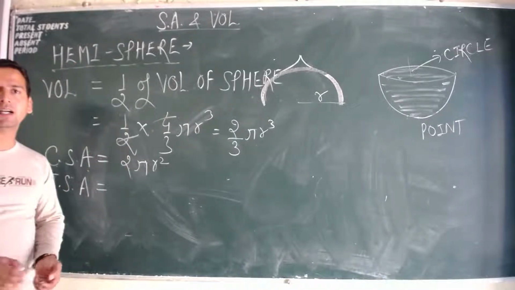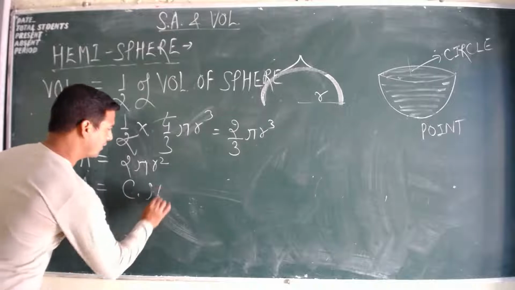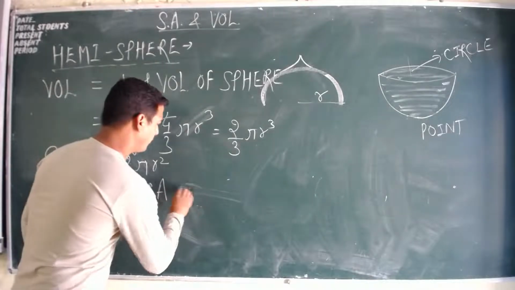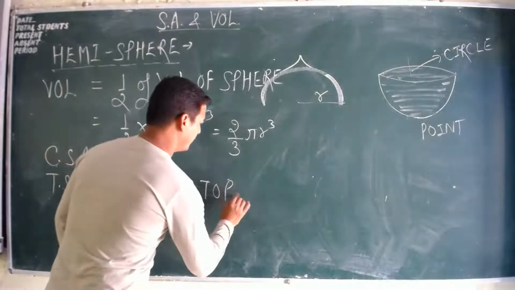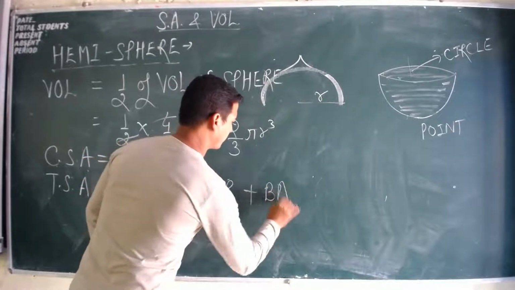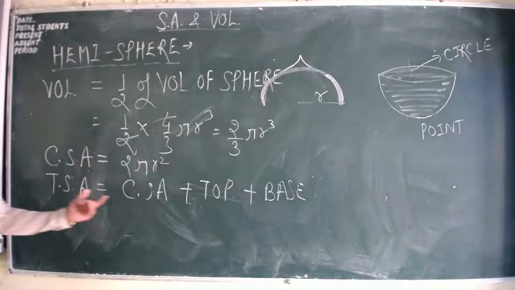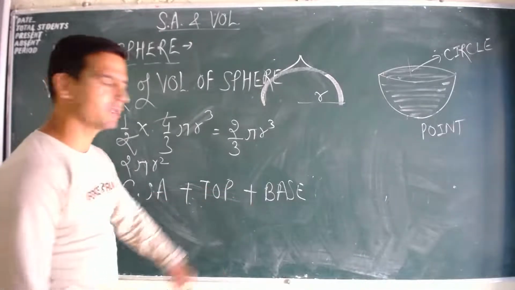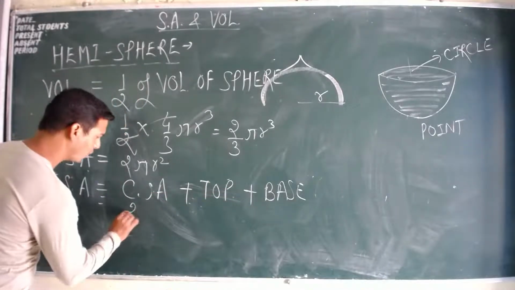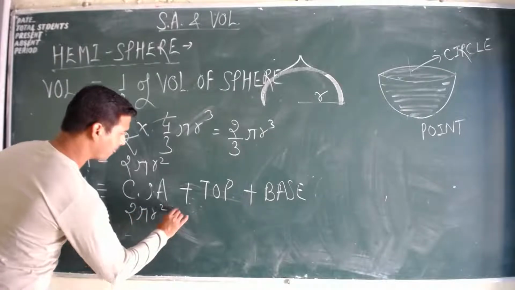Total surface area is CSA plus top area plus base area. Curved surface area plus top area plus base area. Curved surface area is 2 pi r square.